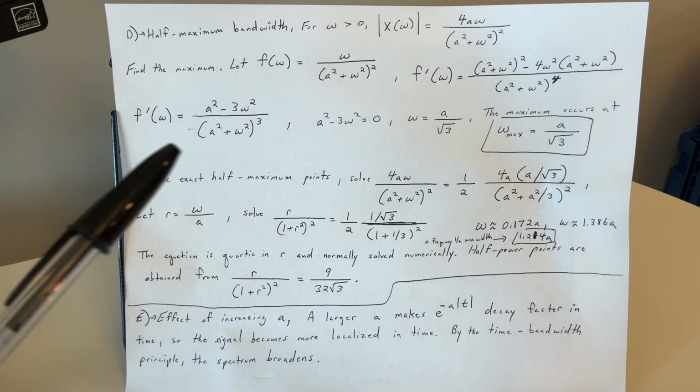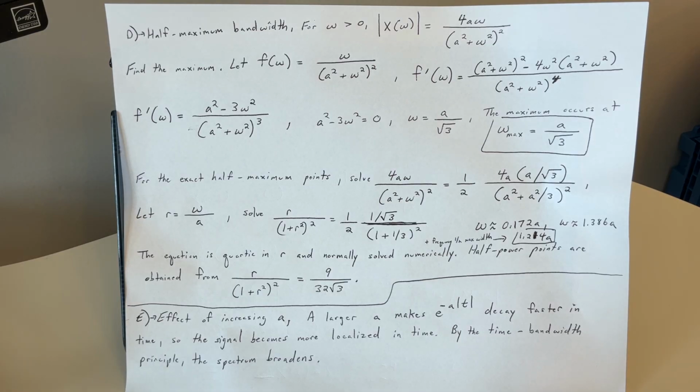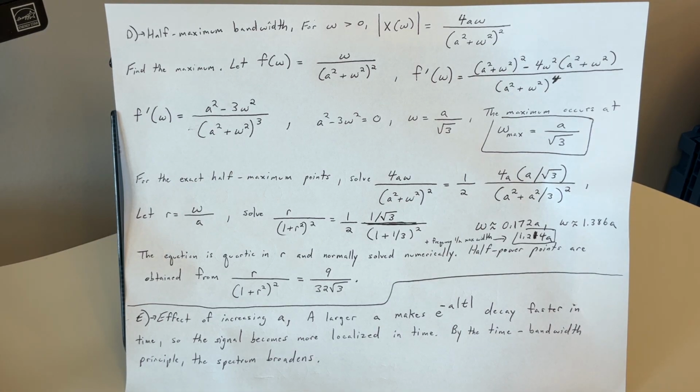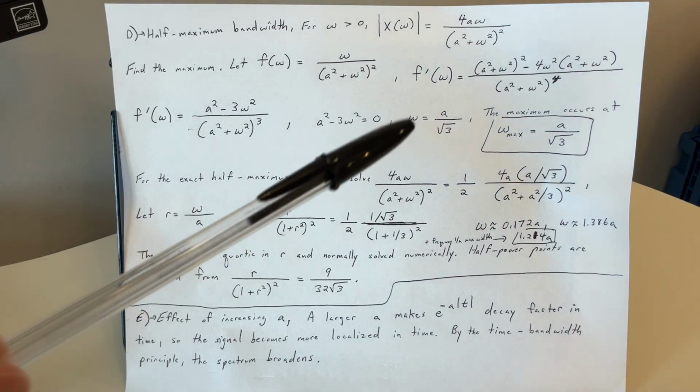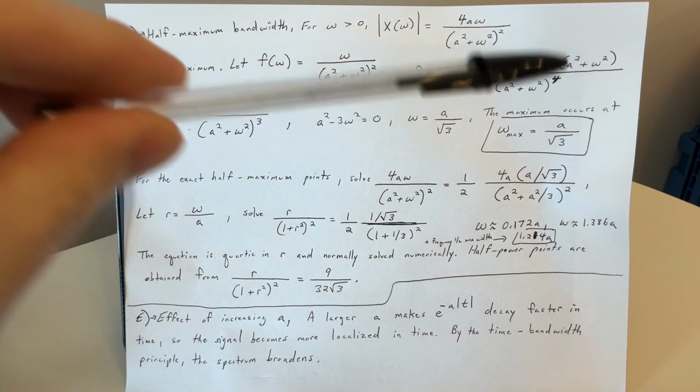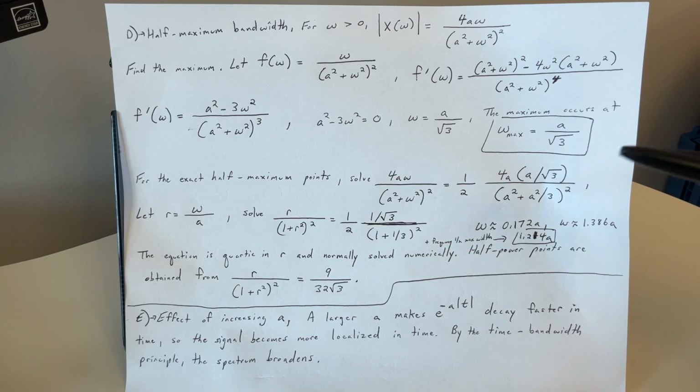That becomes a squared minus 3 omega squared over the quantity a squared plus omega squared, cubed. Setting the numerator equal to 0 and solving for omega, we take the positive value. Omega is a over the square root of 3. So the maximum occurs at omega max equals a over the square root of 3.